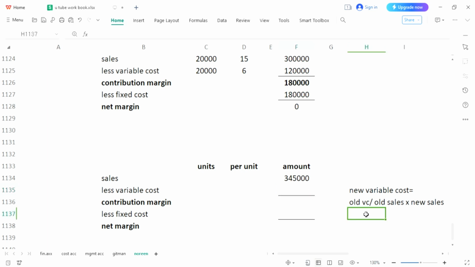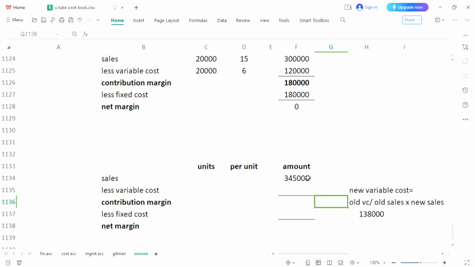This is the simplest formula with which you can calculate this variable cost. Old variable cost, here 1,20,000, you can put directly, divided by old sales, which is 3 lakh. Put it over here, close your brackets, and you need to multiply it with new sale, which is 3,45,000. So in this way we can calculate our new variable cost.